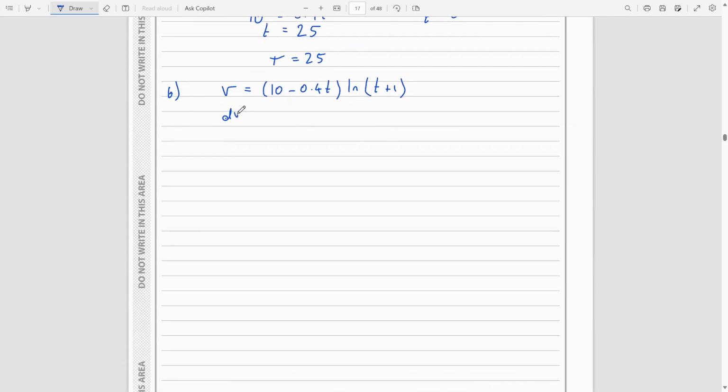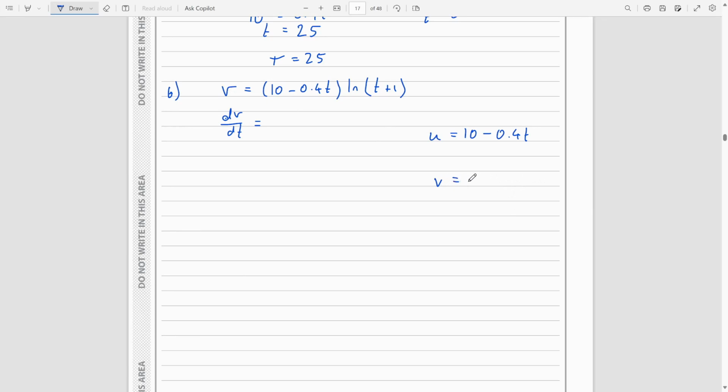So that's going to be dv by dt, and I'm going to need to use the product rule for this. Just to keep track of the product rule, it can be useful to say explicitly that u is 10 minus 0.4t. Careful now, because you've got u and v in the product rule, and v actually means something in this question, so you might want to use a different letter, but really the product rule is just for your own working.